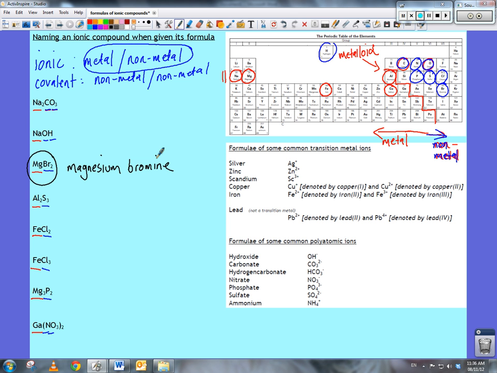But when the bromine is incorporated or made into a compound, we no longer use the INE, we change that to a D. So we end up with magnesium bromide.